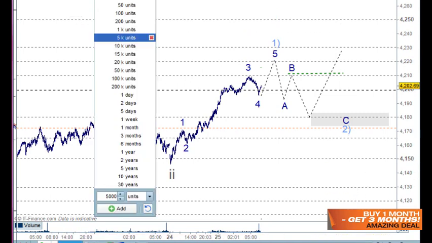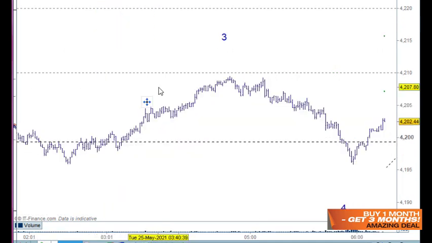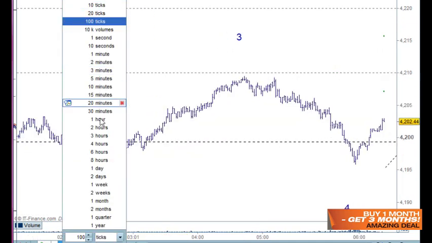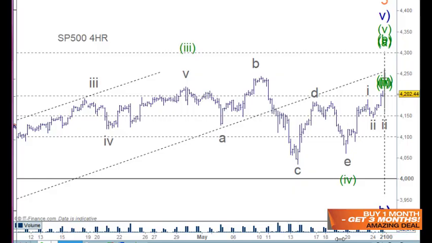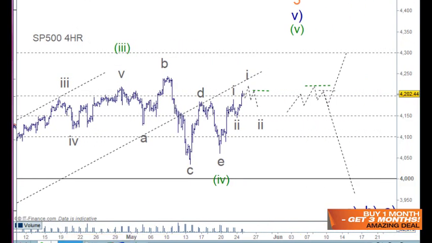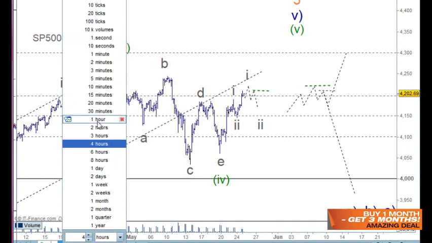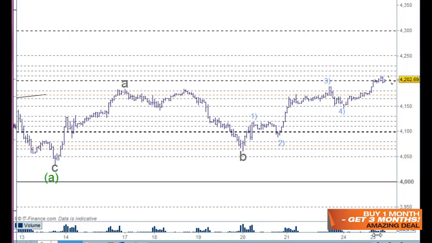So on the bearish side of the market, I think we've got that on the hourly chart, haven't we?